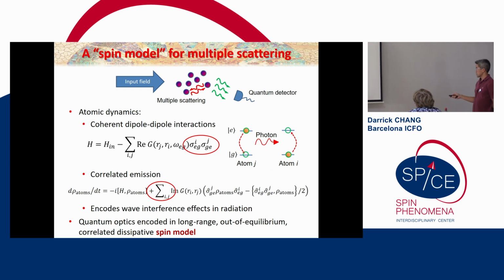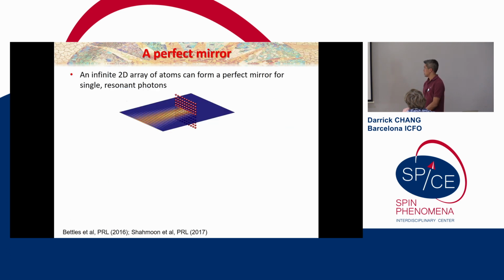The coherent interactions can potentially be long range. We're interested in out-of-equilibrium dynamics because we have to shine in light and kick atoms into excited states in the first place. And then we have long range correlated dissipation as well. So it's an interesting set of ingredients, which makes it a little bit non-standard compared to normal spin physics in condensed matter systems.